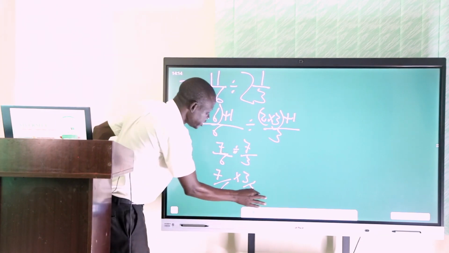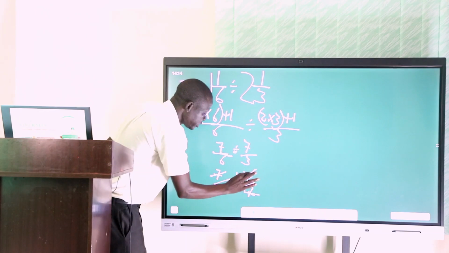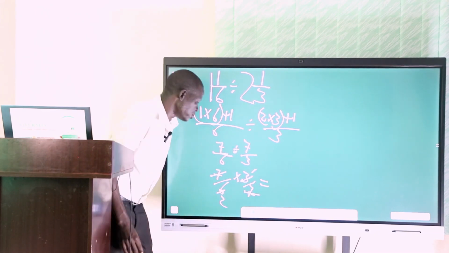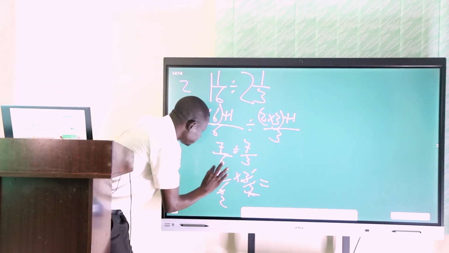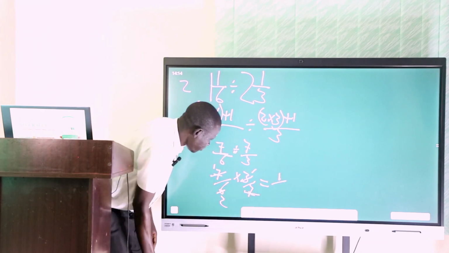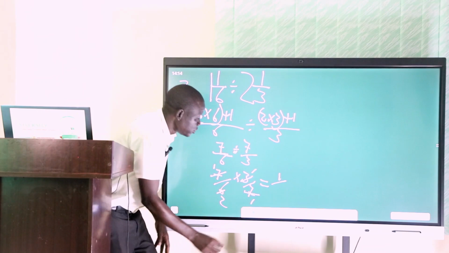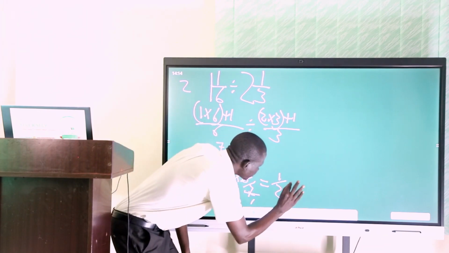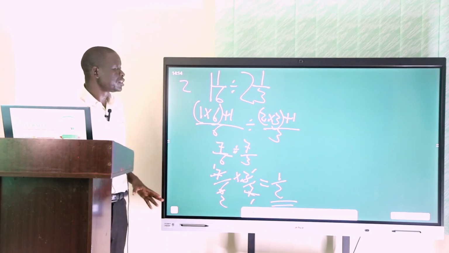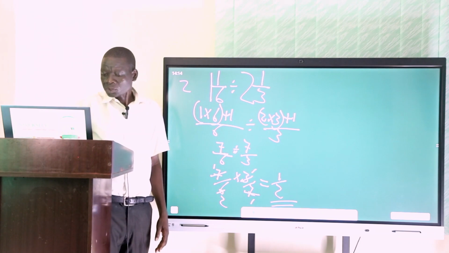So this 7 will cancel with the 7. Then 3 divided by 3 is 1, and 6 divided by 3 is 2. And our answer will now give us 1 times 1, we get 1 over 2 times 1, you get 2. So the answer will be a half.